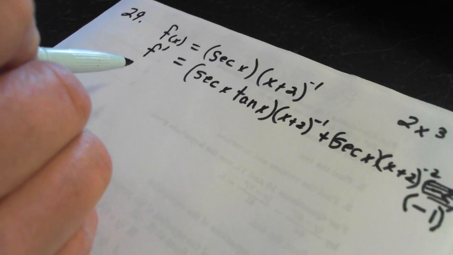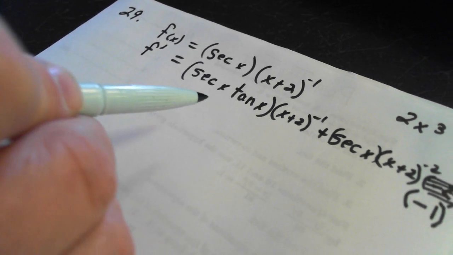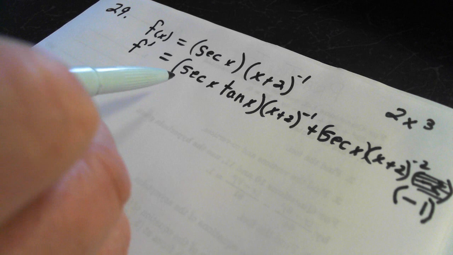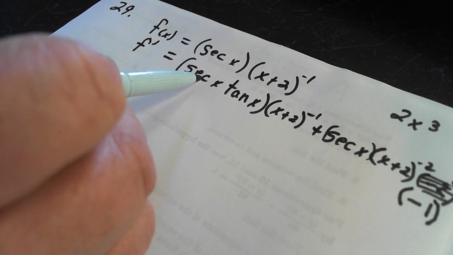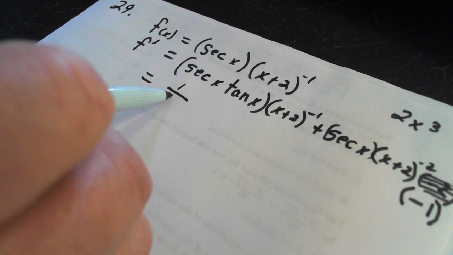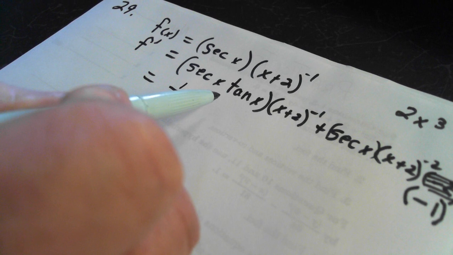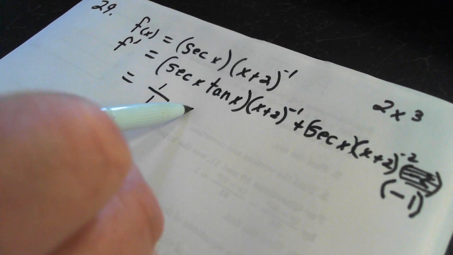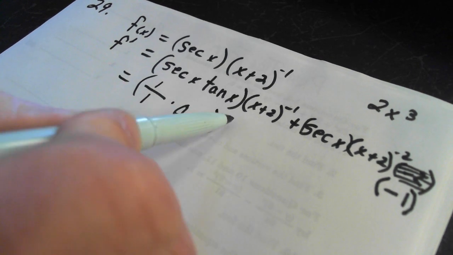So anyway, this is at the point where x is 0, so this looks like a big mess, but I can throw a bunch of zeros in it right away. First of all, the secant is 1 over cosine, so that's 1 over 1, times the tangent at 0. The tangent of 0 is 0 because it's got sine on the top. So this whole part is out.